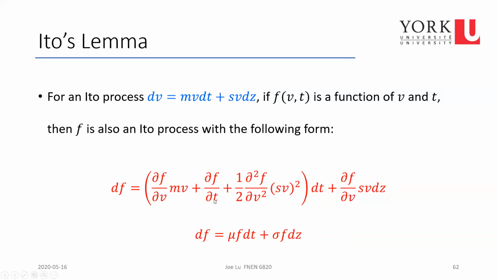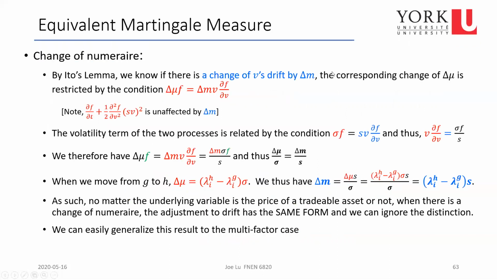So now you have linked the drift of F, which is mu F, with a form that involves the drift of V and the volatility of V. Same thing, you can match the second part, the sigma F, with this part that's related to s and V.